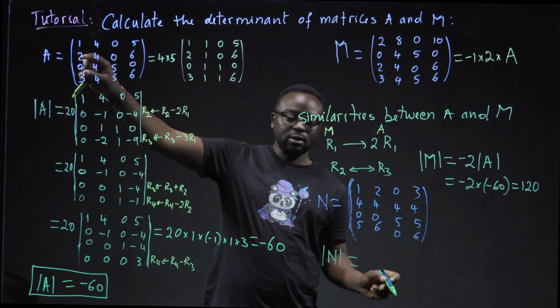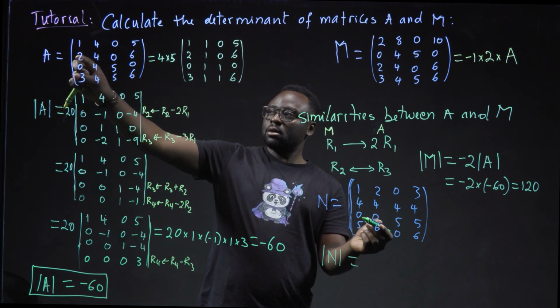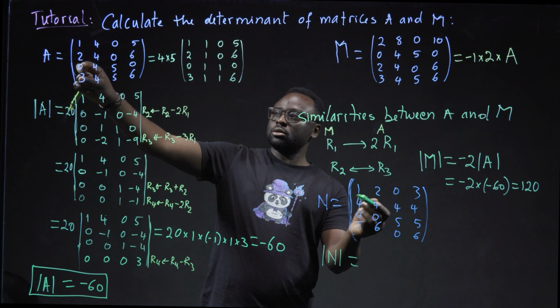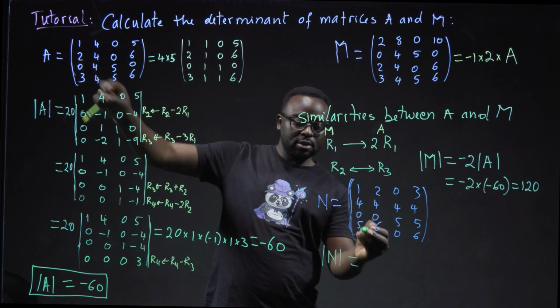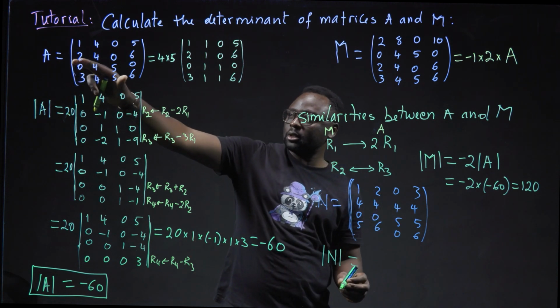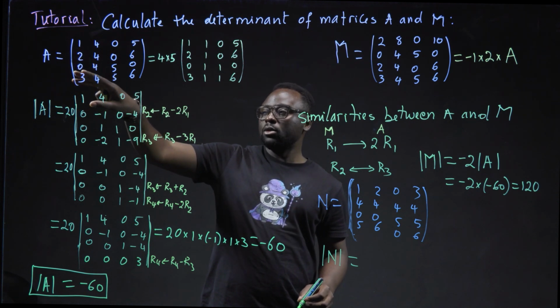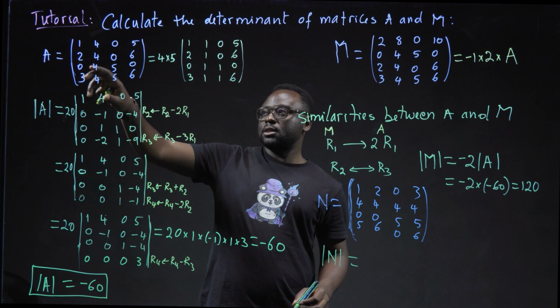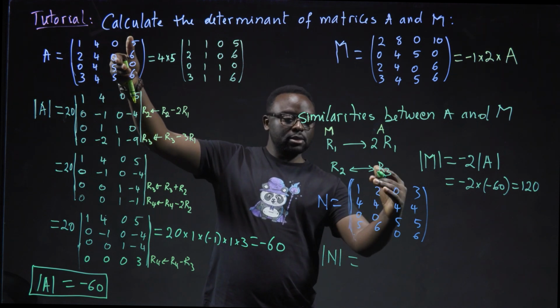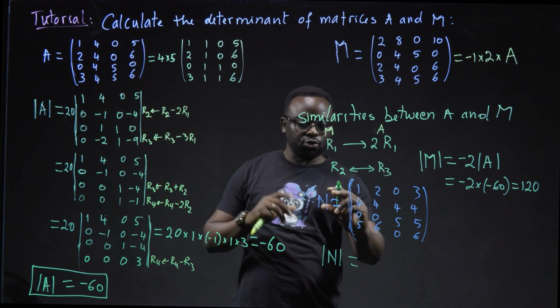It's the same diagonal. But here we have 4, and the other side we have 2. So we see that N is just equal to A transpose, because all the lower non-diagonal elements are the same as the upper ones in this matrix. So basically this is just a transpose.